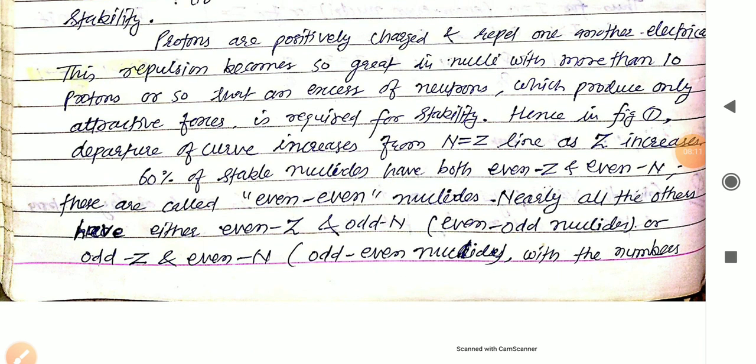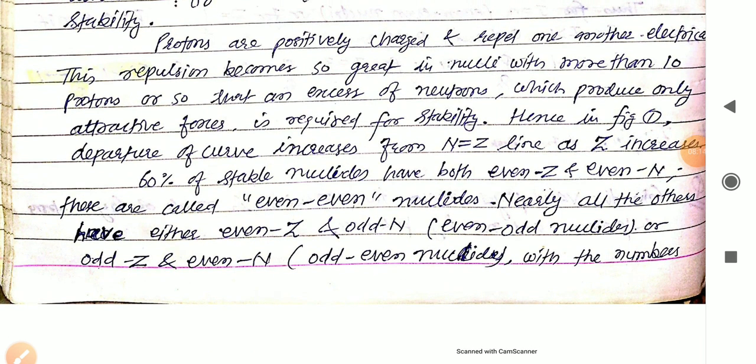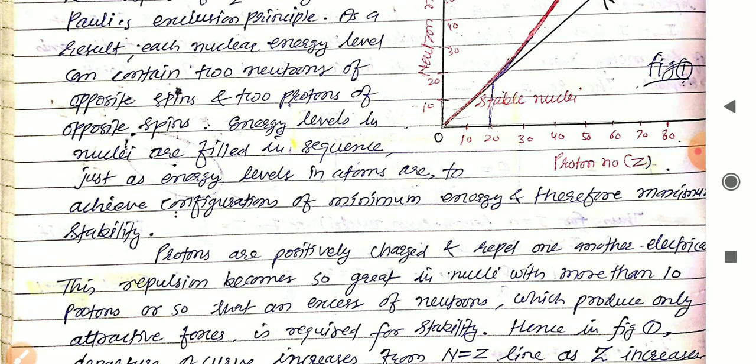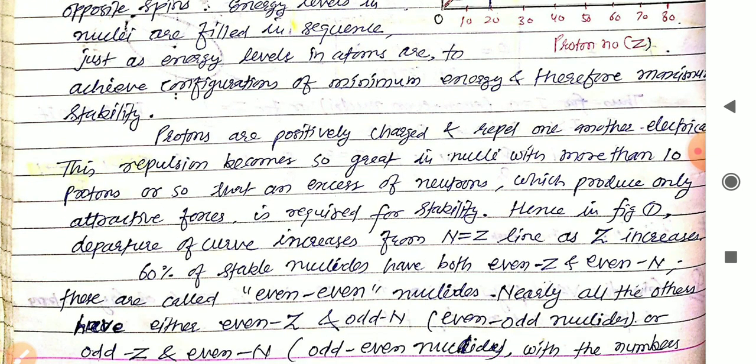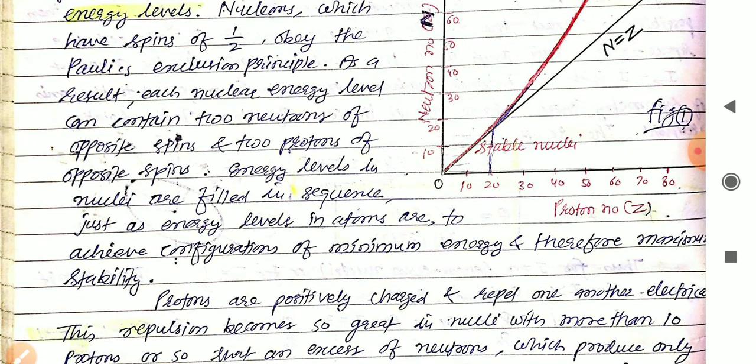So one question comes to mind: why do different nuclei show that the number of neutrons is greater than the number of protons? The answer is, because if the number of protons is greater, then they show repulsive forces between them, because two protons repel one another due to Coulomb repulsive forces.